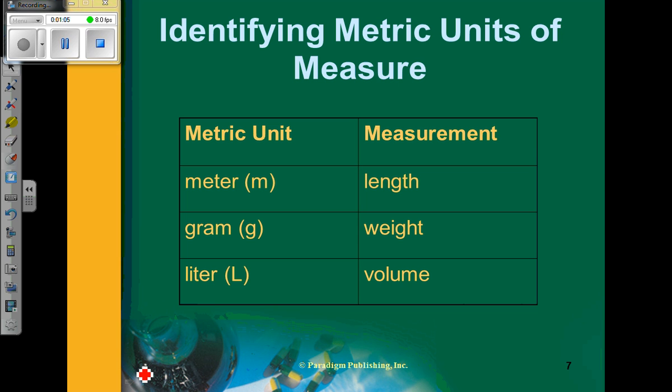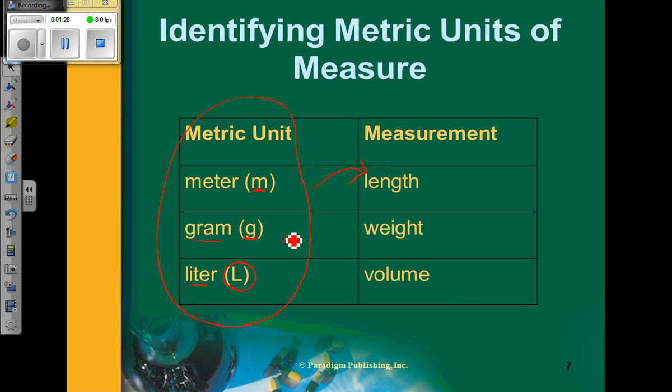So right here you have the three basic units of measure. Meter is abbreviated with M, gram is abbreviated with G, and liter is abbreviated with a capital L. Okay, so meter, you're going to be measuring length.